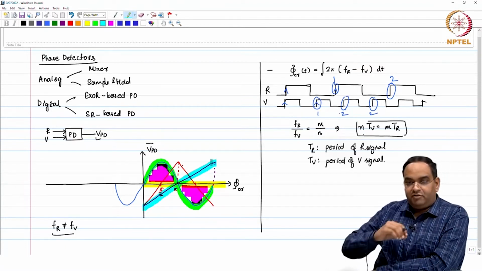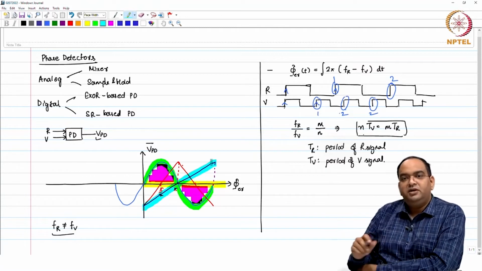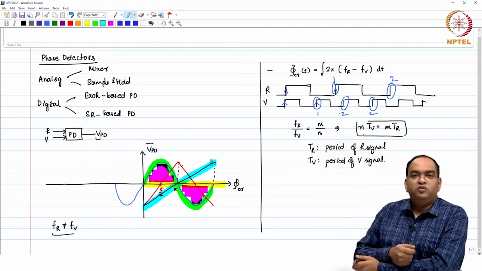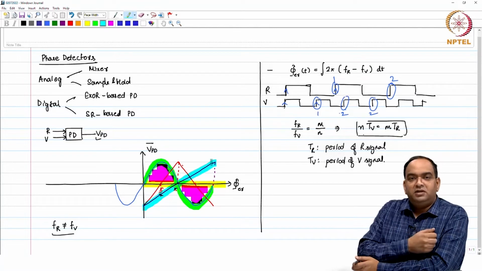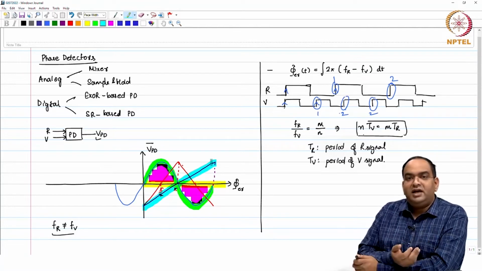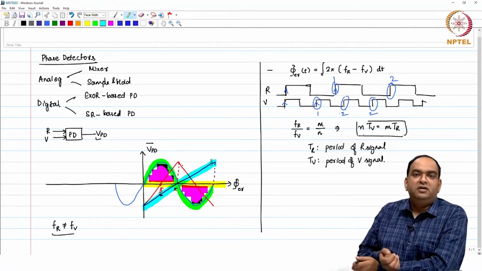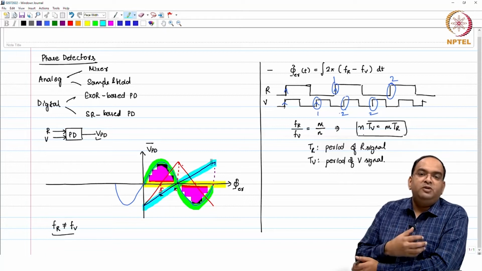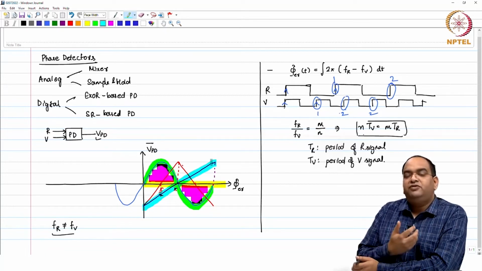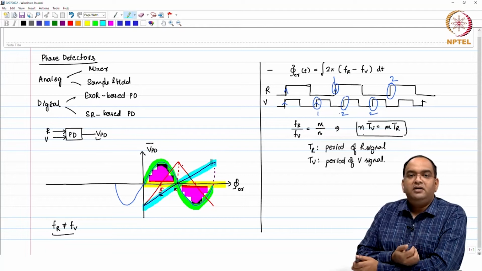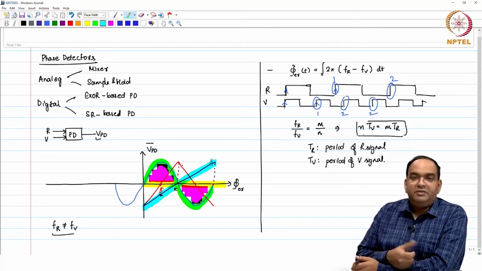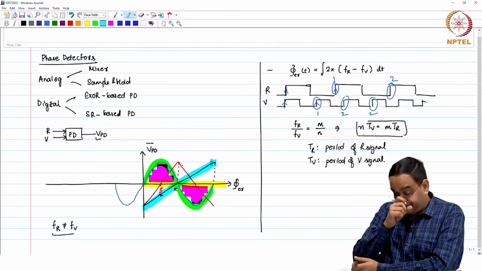So, as the phase error keeps on increasing, VPD also keeps on changing, and when you take the average of VPD over a given period of time, you will see that the average is equal to 0. So, it will not be able to detect large frequency error in any case, even if sometimes the frequency error may even be of the opposite sign.